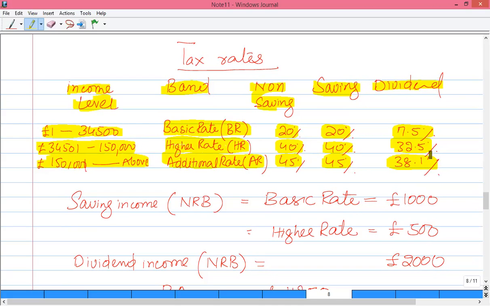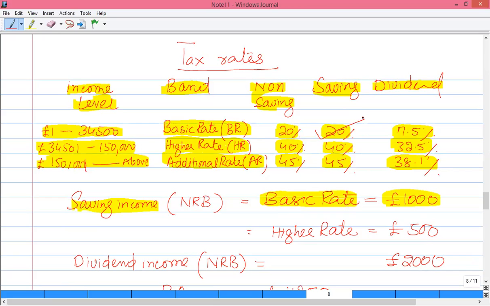For example, here it has been given that if you are earning saving income and you are a basic rate taxpayer, the first 1,000 of your saving income would attract a rate of 0%.